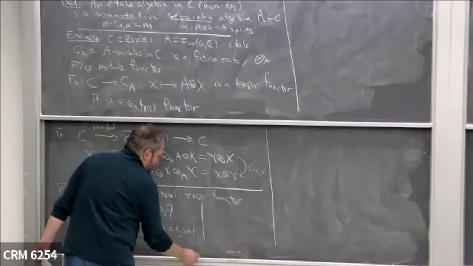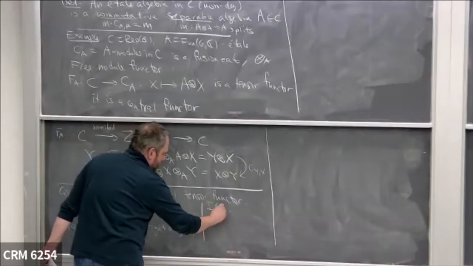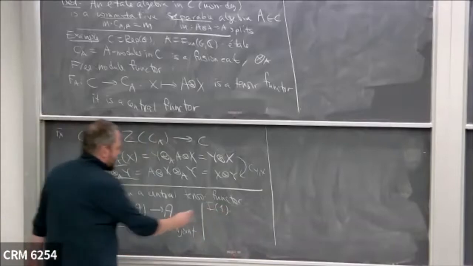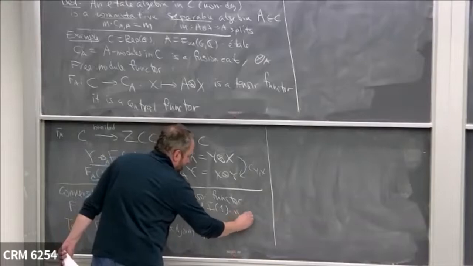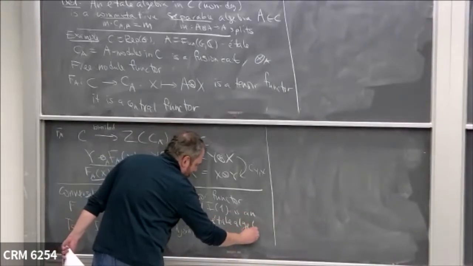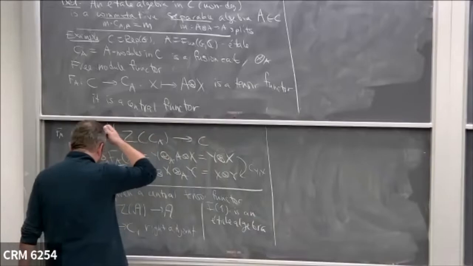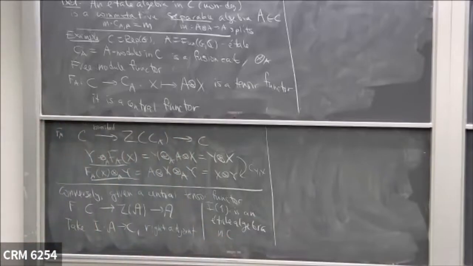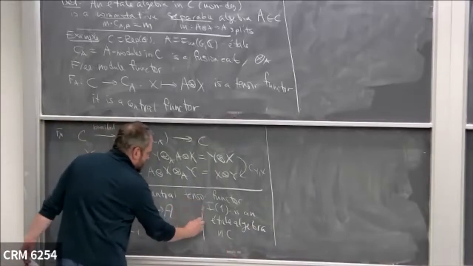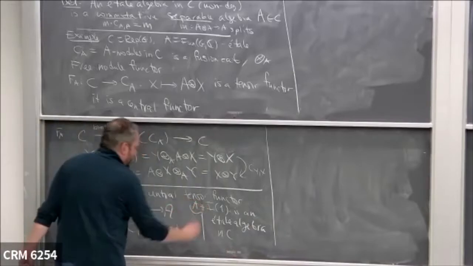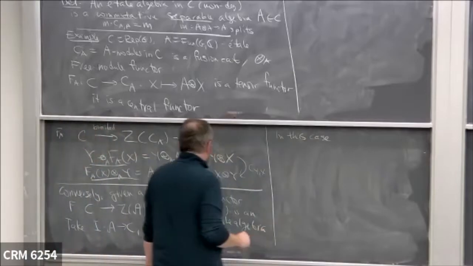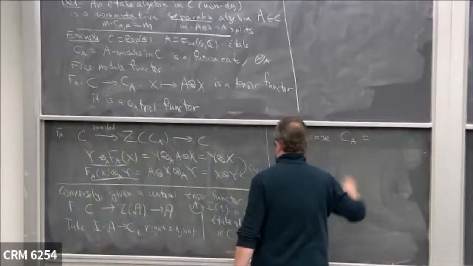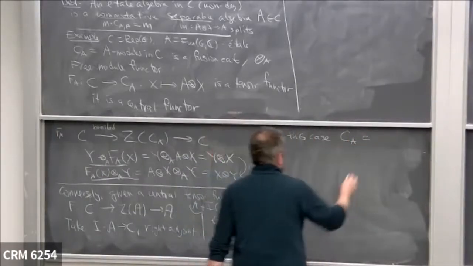So in this case, when we apply this adjoint to the unit object of A, the result is an algebra, an Etale algebra in C. And let's call it A just like I did before. And in this case, the category of modules over this algebra is equivalent to the image of C.